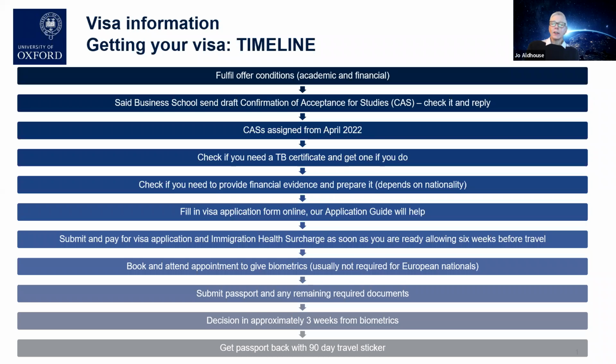Some of the services offered don't make your application faster anyway. They're just extras that you don't need. But as long as you apply in good time, you can use a standard service, and it should all be done in very good time for you to travel.